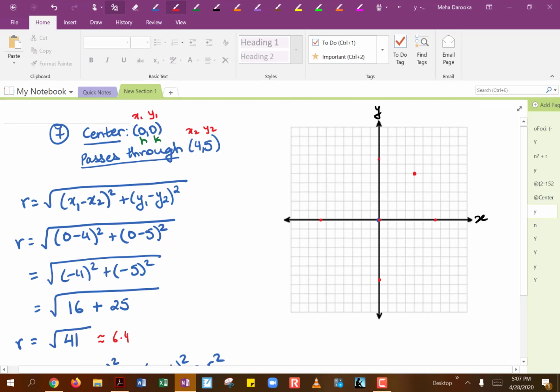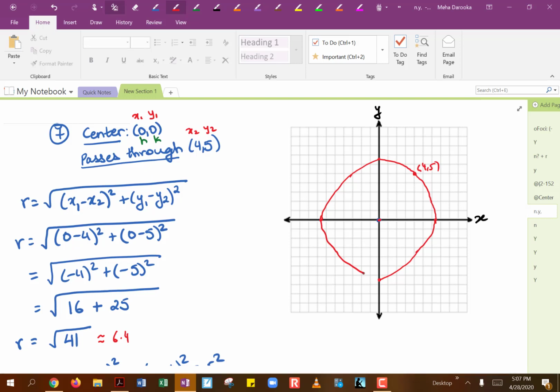Negative 6.4. So you can see if we graph this, we would be passing through that point 4, 5 over here, and then coming down this way. Just a rough graph, you get an idea of what the graph of our circle would end up looking like.